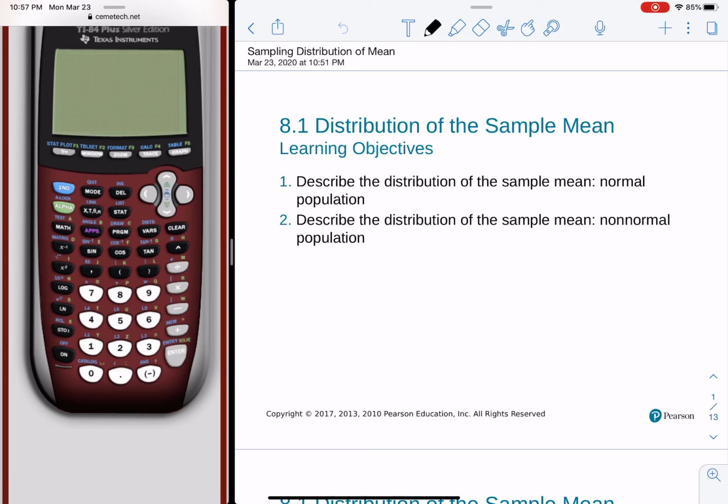The objective of this video is to determine the distribution of the sample mean in the normal population and non-normal population.